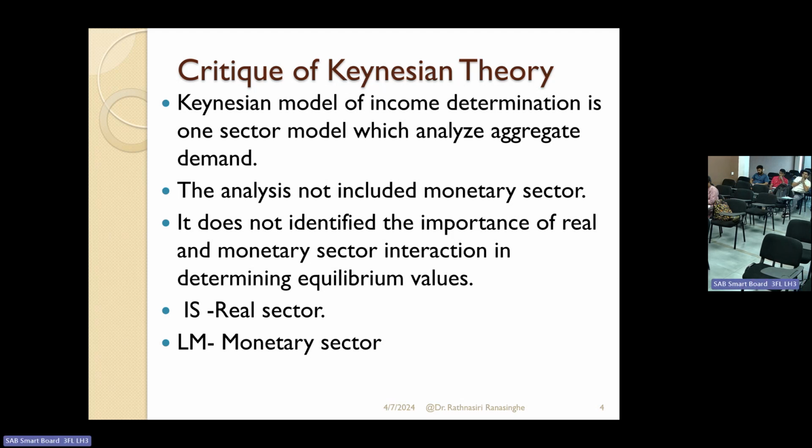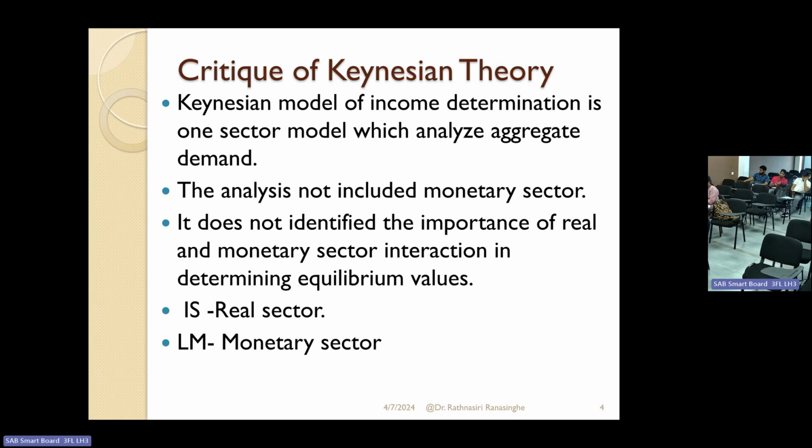Here, at equilibrium in the money market, money demand equals money supply. The LM curve represents equilibrium in the money market. The IS curve represents equilibrium in the real sector, or the goods market. We assume money demand is L0 plus P1Y minus P2R.